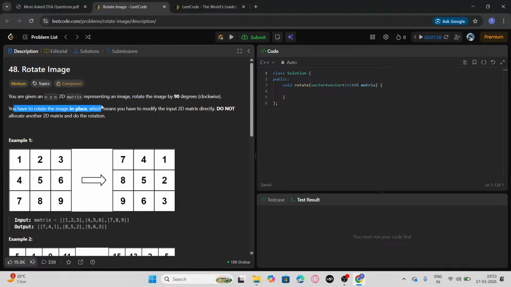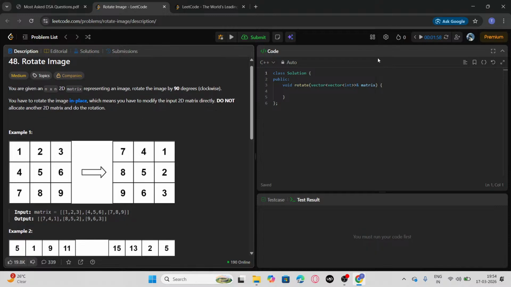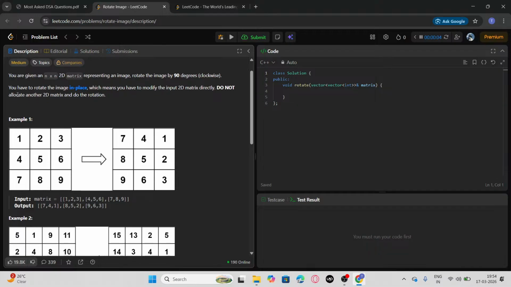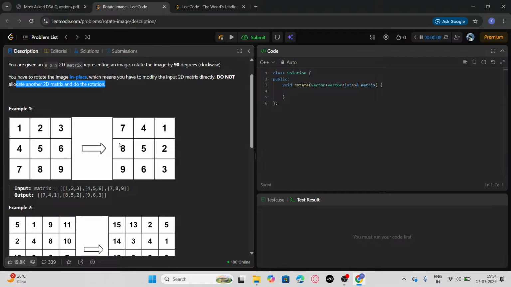You have to rotate the image in place, which means you have to modify the input. Let's reset it. Though I don't think this is going to be easy, let's do it anyway. Do not allocate another 2D matrix to do the rotation. So if it's 1, 2, 3, we have to rotate it like this.